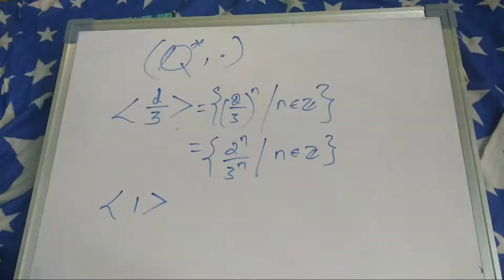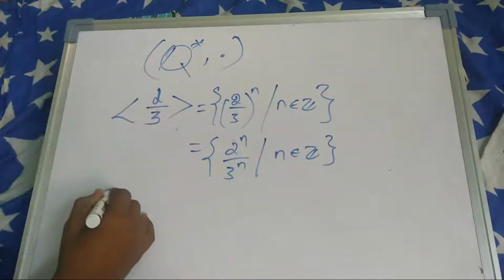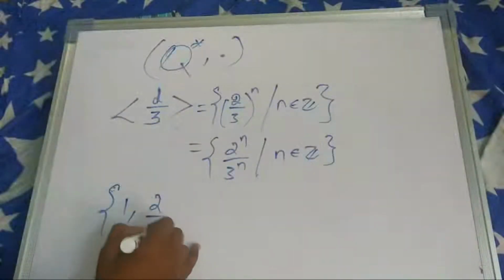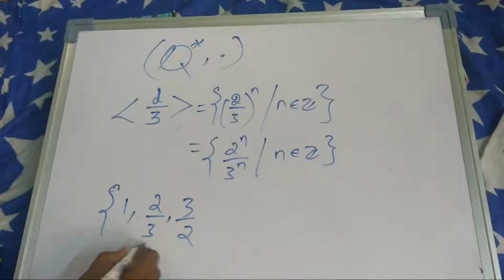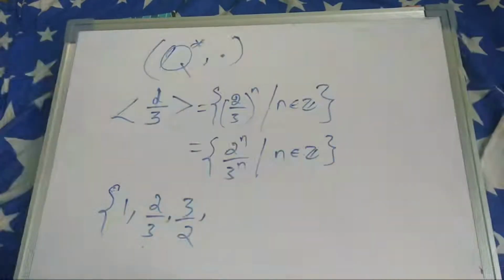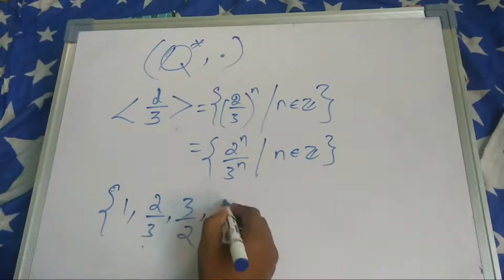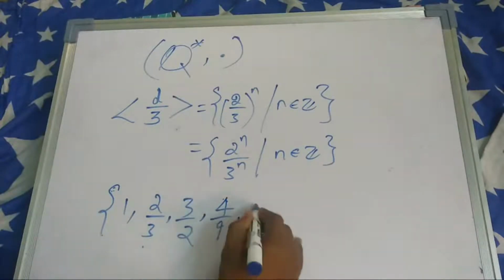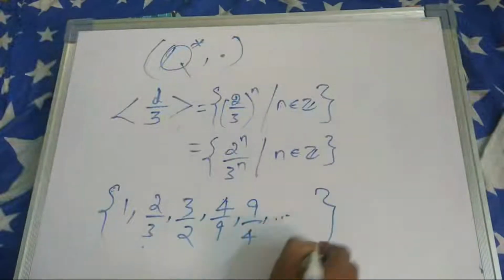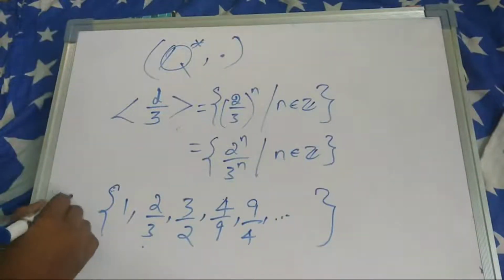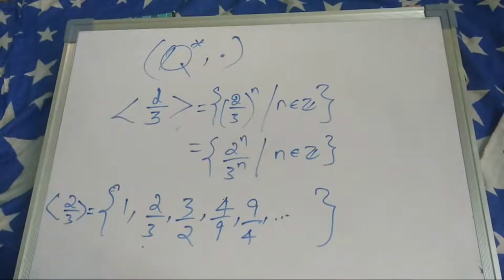So if you see here, this set will have 1, 2/3 and 3/2, that is, 2/3 and the inverse of 2/3 under multiplication. Please be careful, we are doing multiplication here. Then (2/3) squared, which is 4/9, and its inverse 9/4, and it goes on. So this is the subgroup generated by 2/3. It's fine if you make a mistake, this is the place you learn. No worries.